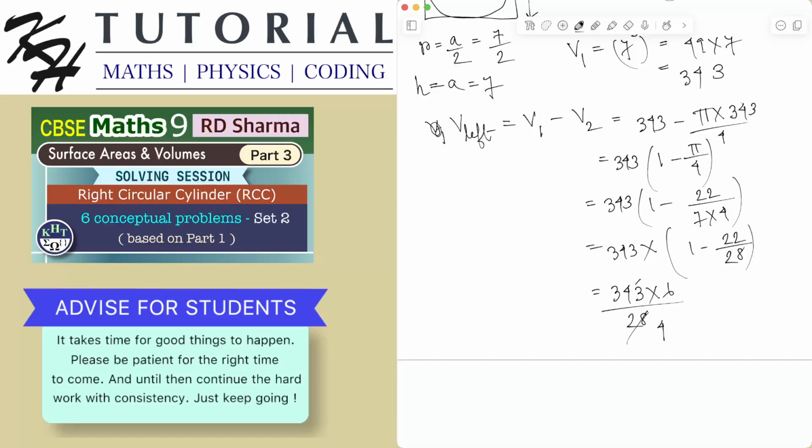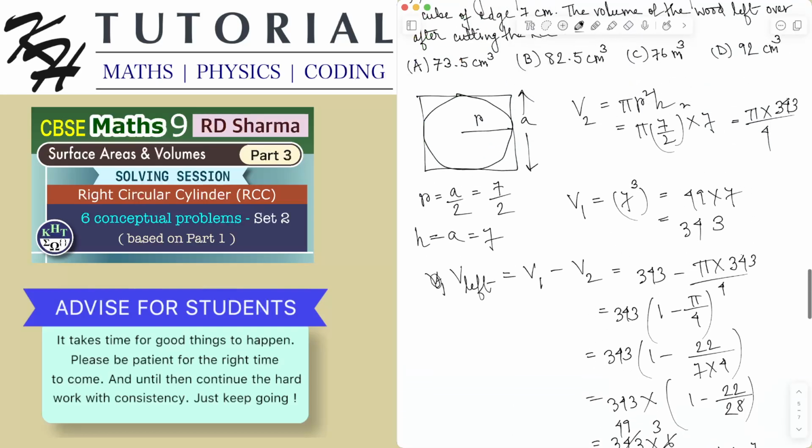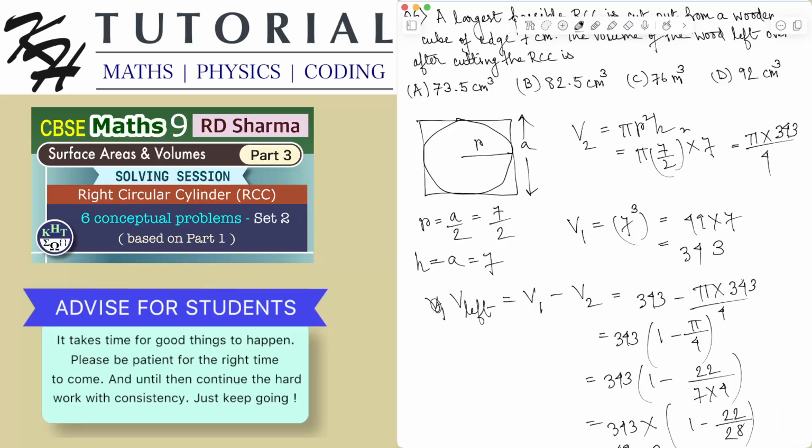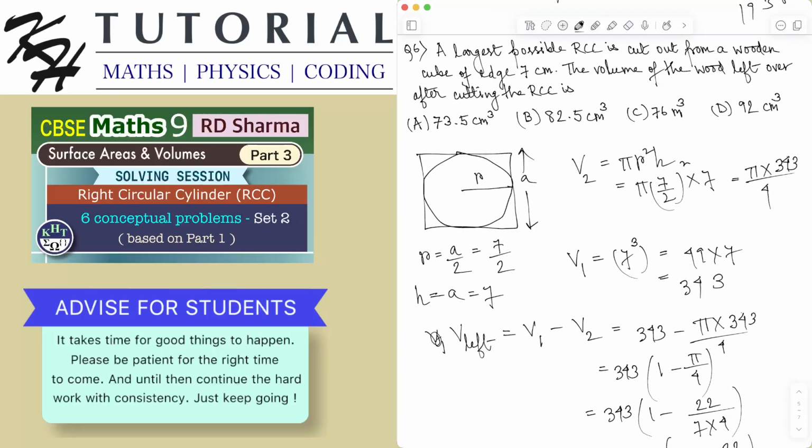Simplifying, it becomes 147 by 2, which is equal to 73.5. 73.5 centimeter cube will be the volume of wood left after the largest possible RCC is cut out from the cube. So the correct choice is A.